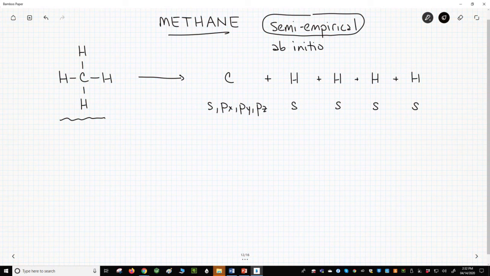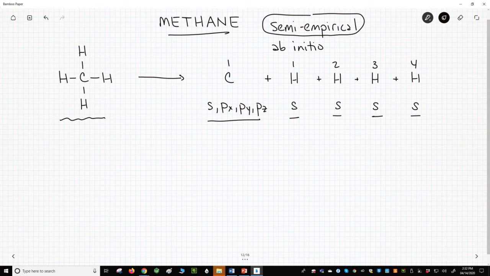Methane has 5 atoms, 1 carbon and 4 hydrogens. Together, these 5 atoms have 8 valence atomic orbitals, 4 from carbon and 1 each from hydrogen.